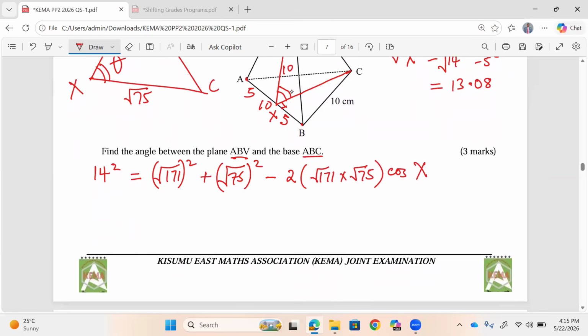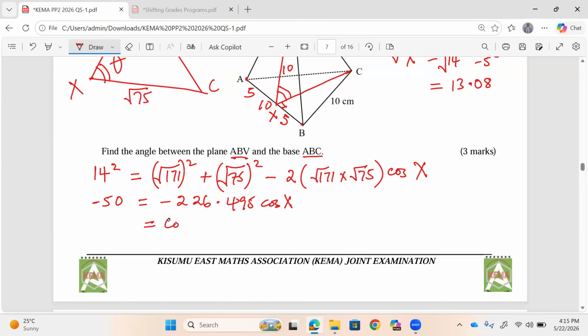So if we group terms together, we'll have 14 squared minus 171 minus 75, and I'll get negative 50. Then here I also start with a negative, this is 2, the root of 171, multiplied again by the root of 75. This is going to give me 226.495 cosine of X.